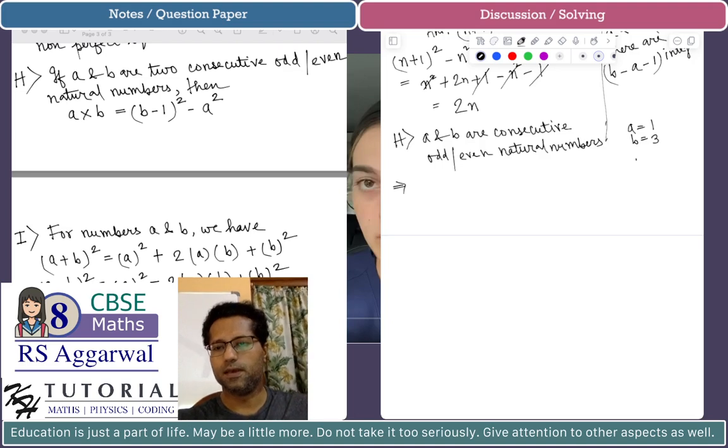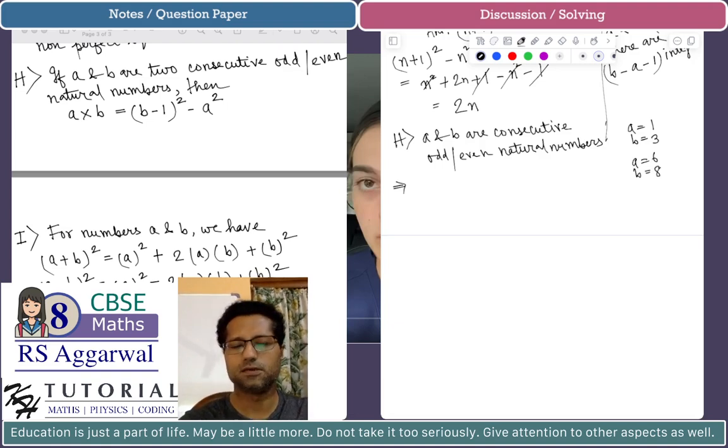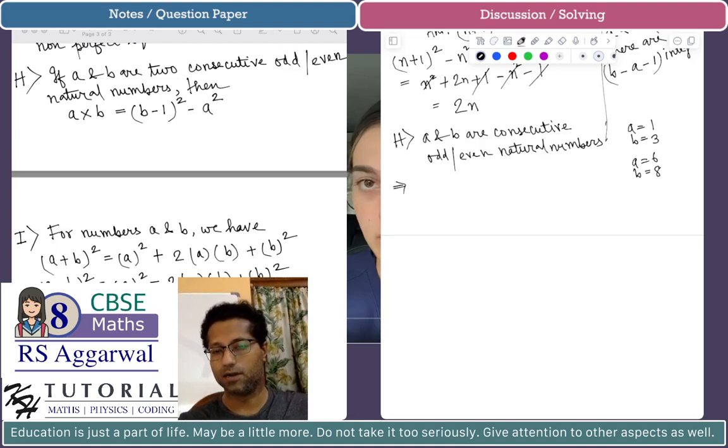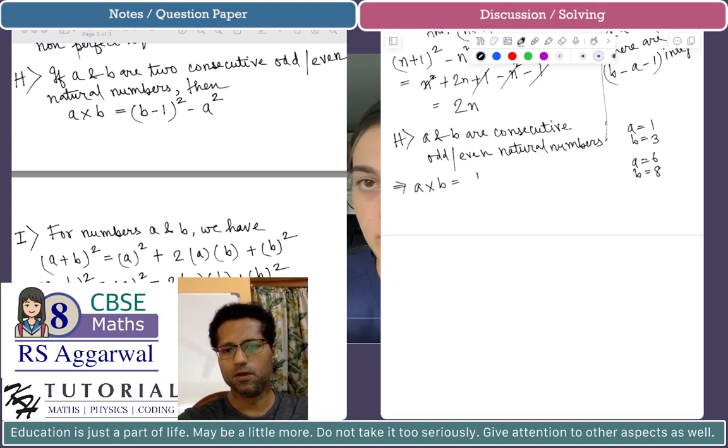Similarly, if a is 6, then b has to be the next consecutive even integer, which is 8. So if a and b are consecutive odd natural numbers or even natural numbers, the product of them, a into b, will be equal to b minus 1 whole square minus a square.